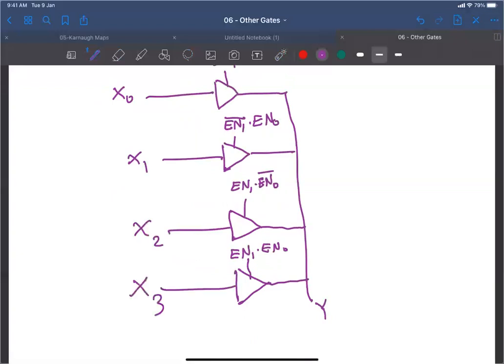So depending on the values of the 2-bit enable, you will get one of the inputs. For example, these are coming from the CPU, memory, and so on. If you have more peripherals, for example a mouse, keyboard, whatever.